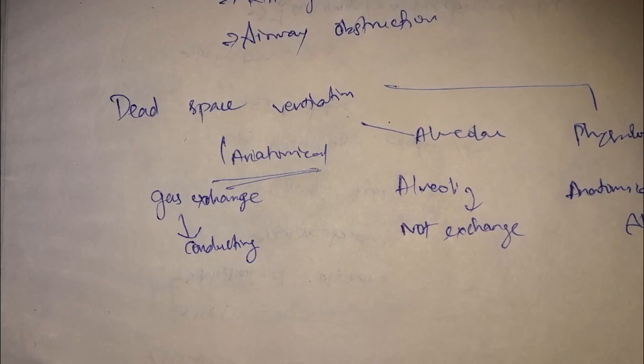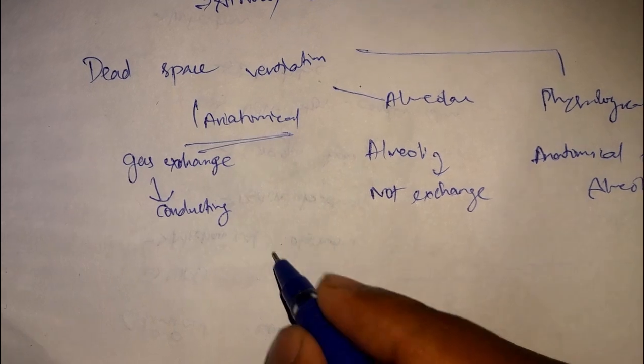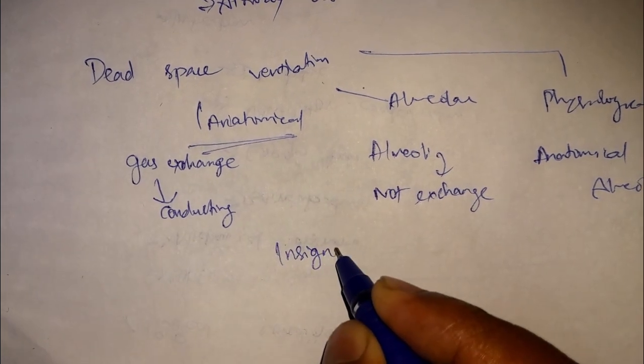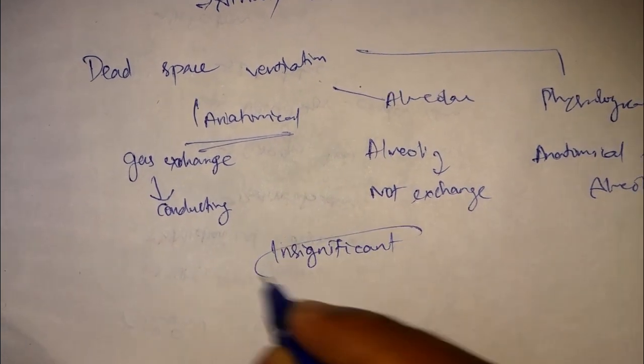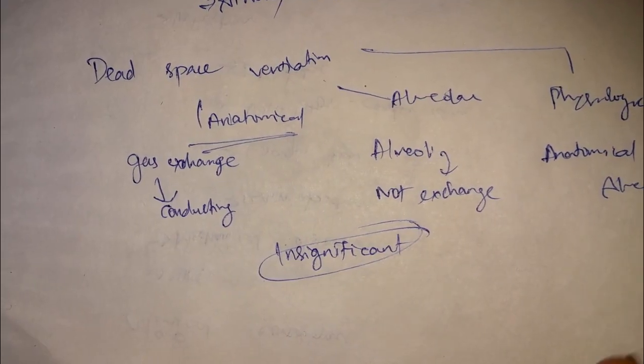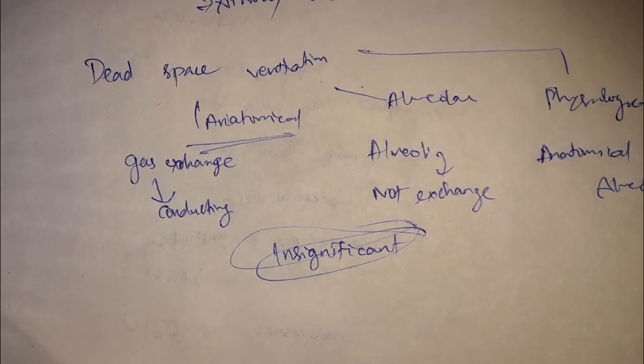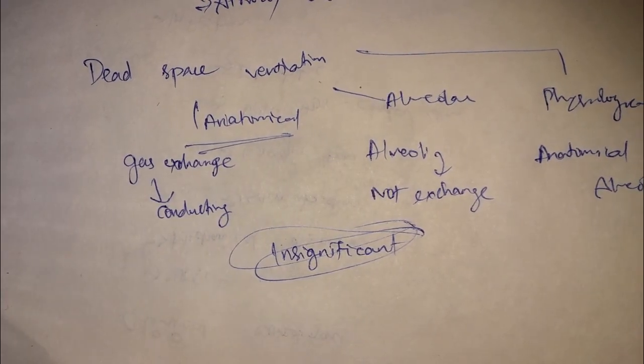gas. For normal people the physiological dead space is insignificant, which means we are not able to notice any part that is not doing gas exchange. Only a very minimal part, which is not identified by us.